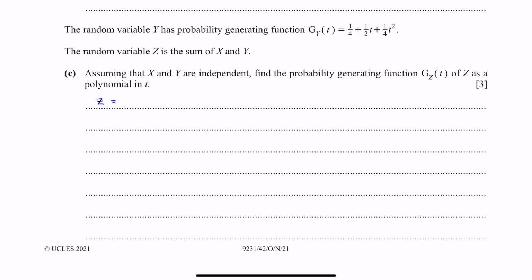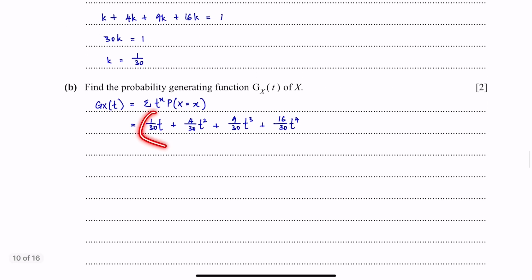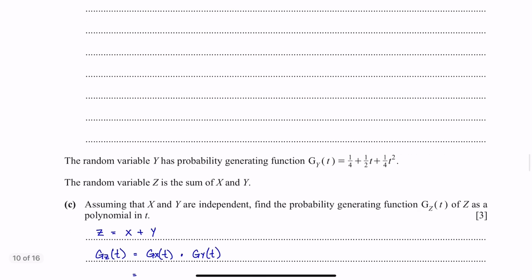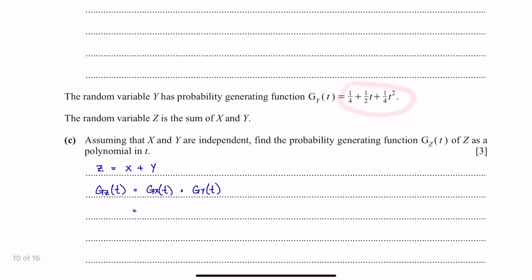So when Z is equal to X plus Y, the probability generating function of Z would be the probability generating function of X times the probability generating function of Y. So we have this thing over here times this thing over here.